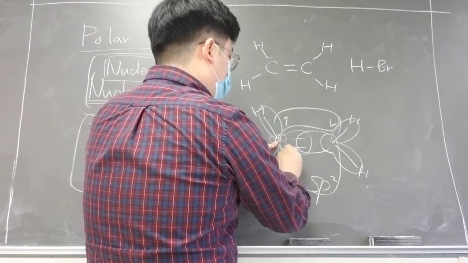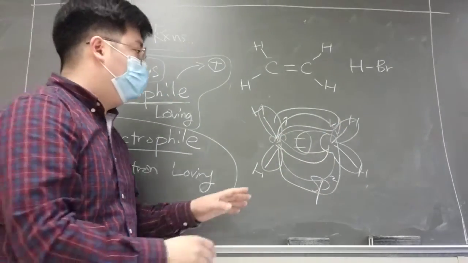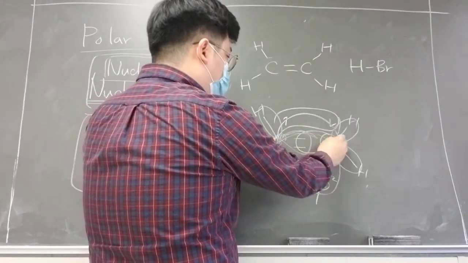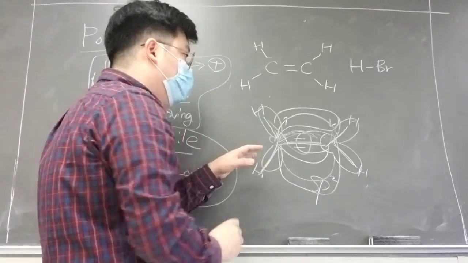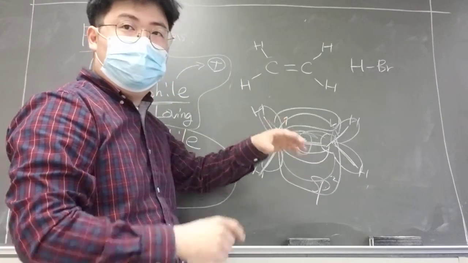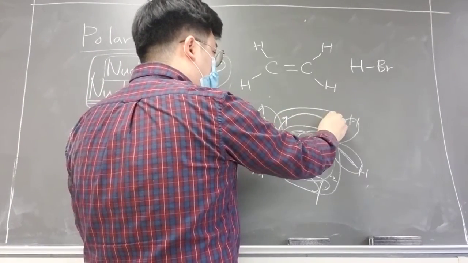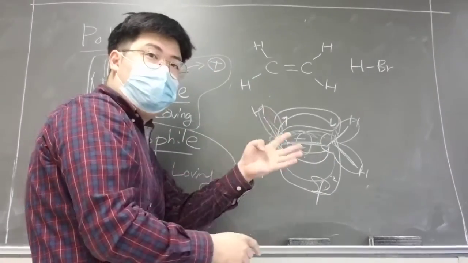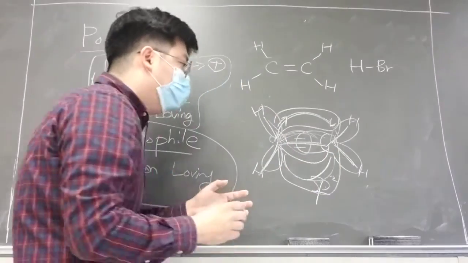It looks like this. Pi bonds right here. So you have sp2 hybrid sigma bonds between these two carbons and those hydrogens. But there are additional bonds we call pi bonds, where you can find a pair of electrons, one from each carbon. So that's why they're only hybridized to sp2, not sp3. So here and here.